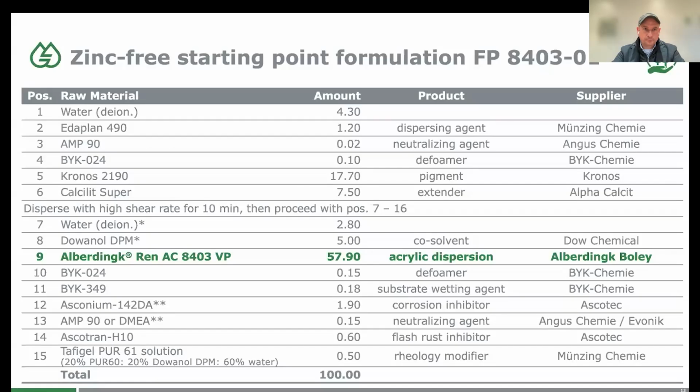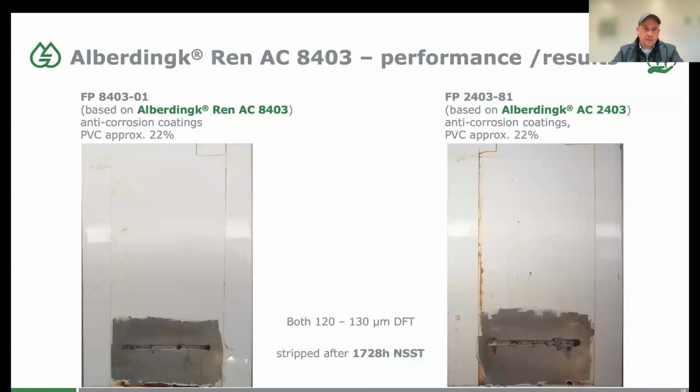nothing super special. If you then test that in corrosion resistance, you are getting this result. And here you have a comparison of the REN AC 8403 against Alberdingk AC 2403, which is the benchmark here, and the mother polymer. So both formulations are the same, just the polymer is different.